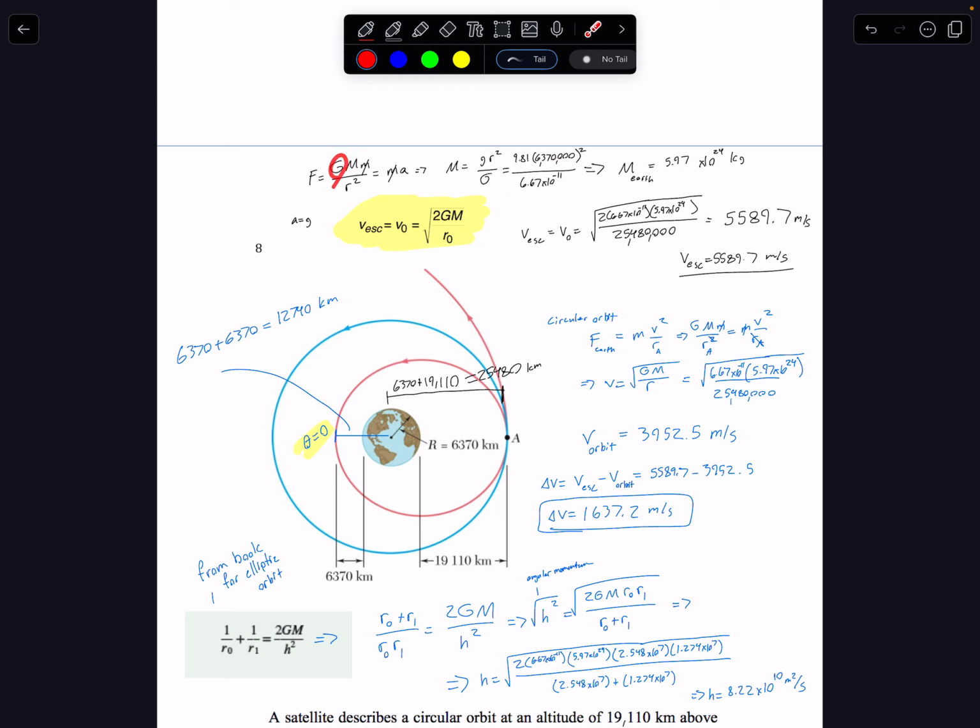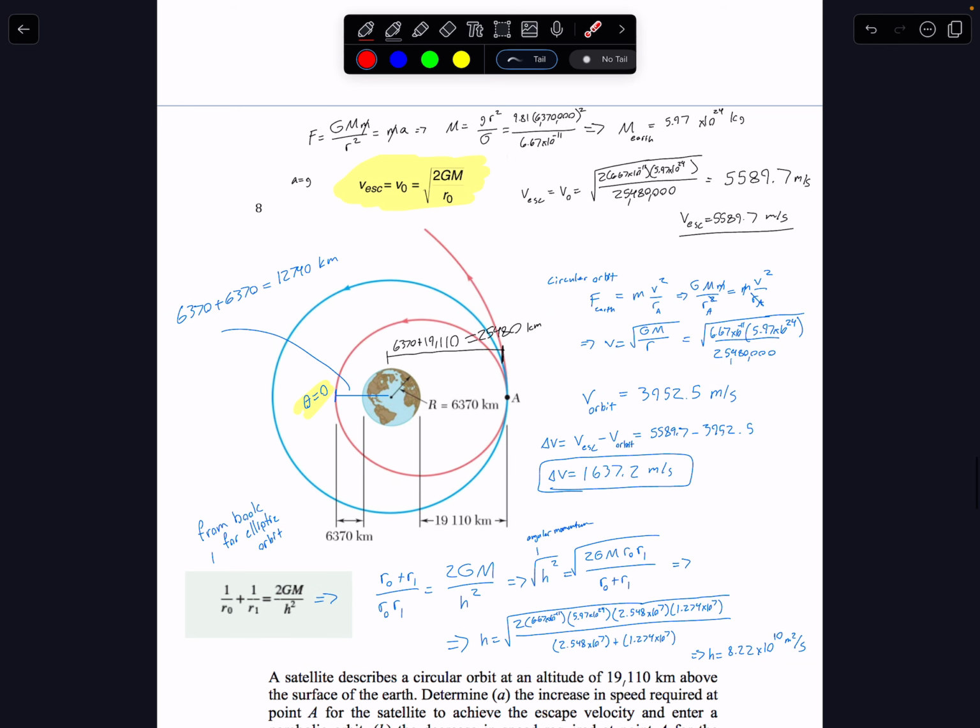So universal constant, mass of the Earth, mass 2, over the radius of the Earth squared is equal to the mass times the acceleration of gravity. Secondary masses cancel out, and we have the acceleration of gravity on Earth, 9.81, at least in metric, and rearranging, mass of the Earth is 5.97 times 10 to the 24th kilograms.